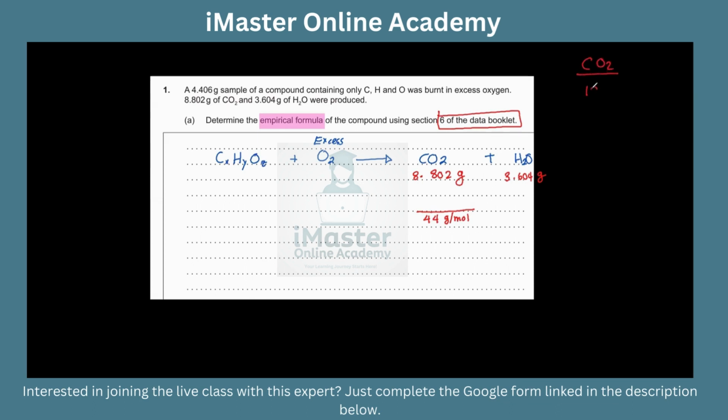You do 12 over 44 times 8.802. The reason is that out of 44 gram of carbon dioxide, 12 gram is made up of carbon. In that case, how much will be the mass of carbon in 8.802 gram of carbon dioxide?